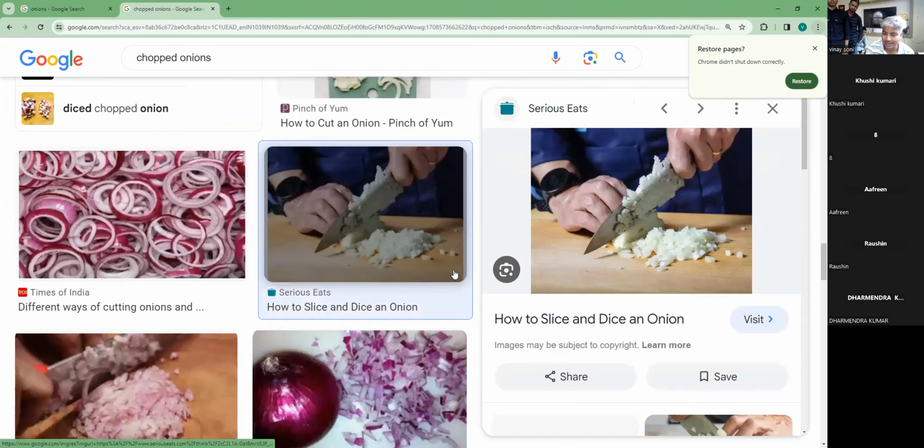So this is onion. So this rule will apply on everything. You can have mangoes and you can have mango. Like this is onion, so you can understand mango. And you can understand mangoes because you know onions as well. Similarly, you can know oranges and orange.